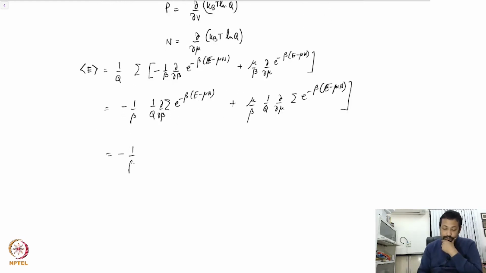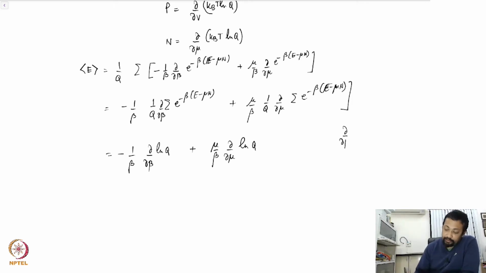This is very straightforward. This becomes del del beta of ln Q plus mu over beta del del mu of ln Q, right?